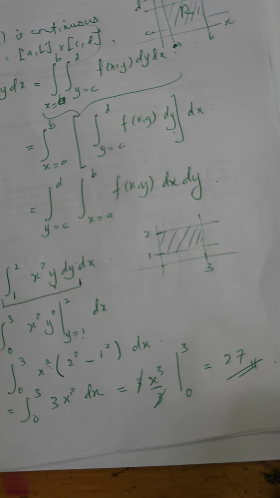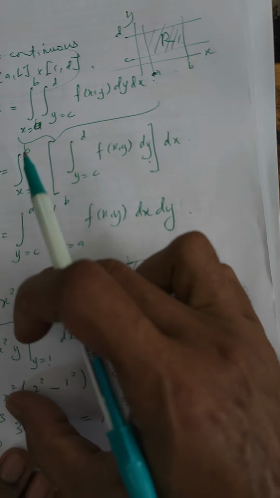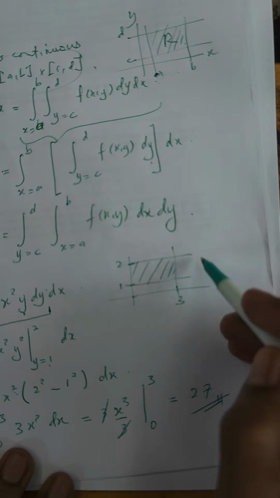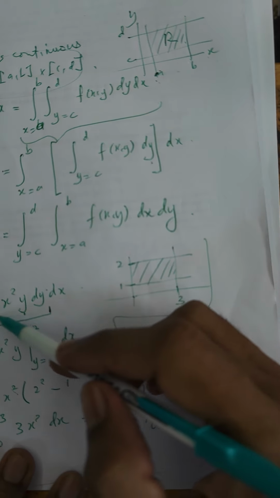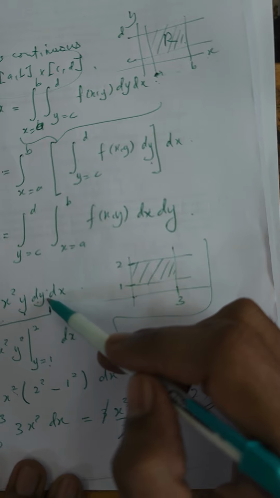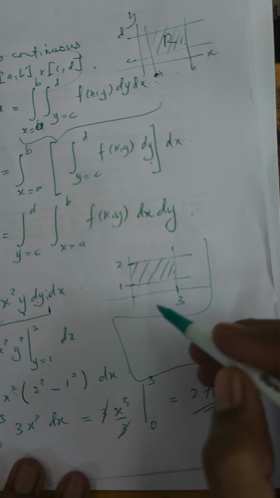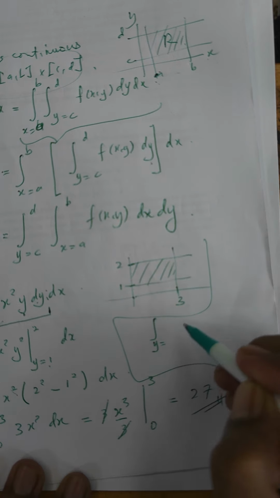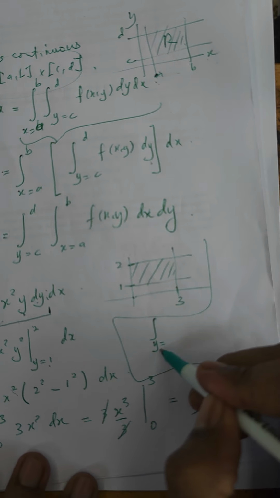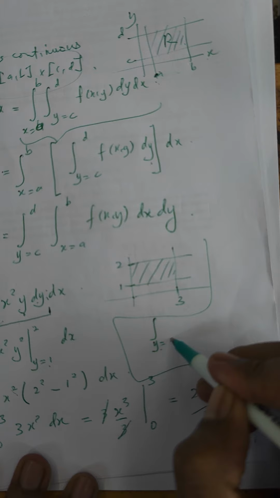Okay, so you can do the same example here. Try it yourself. Instead of integrating the inner integral with respect to y, now change the inner integral to be with respect to x. So the outer integral is y from 1 to 2.